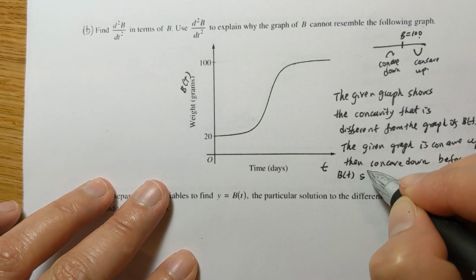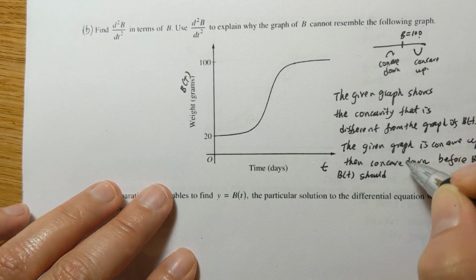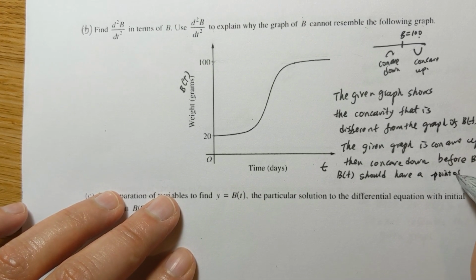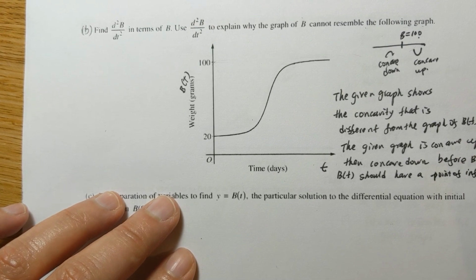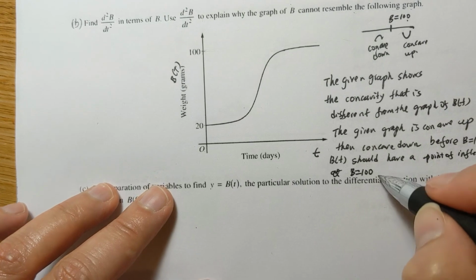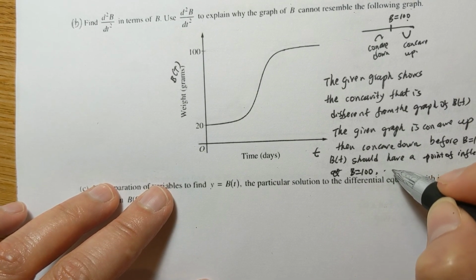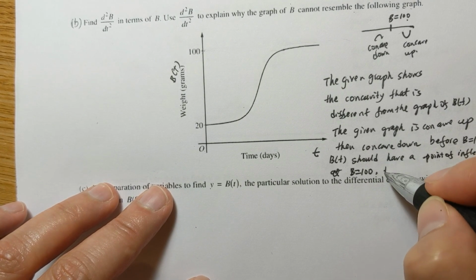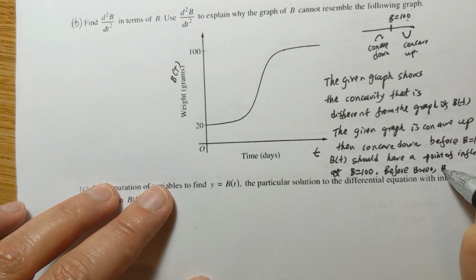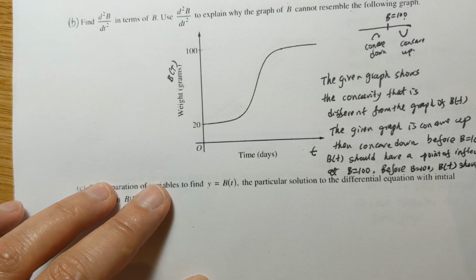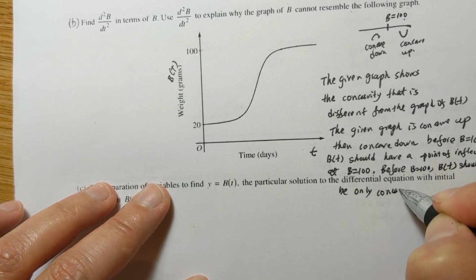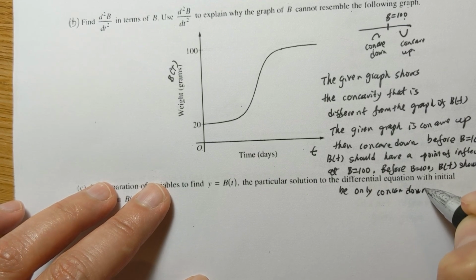B of t should have a point of inflection at b equal to 100. Before b equal to 100, B of t should be only concave down.